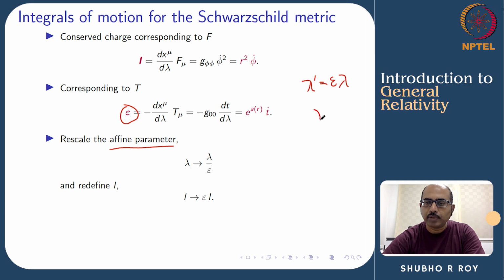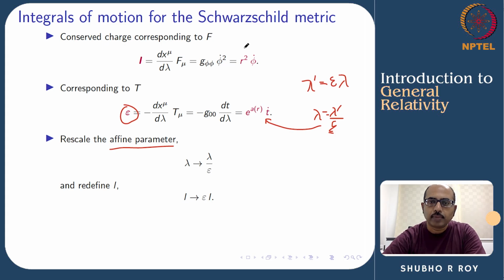So lambda can be written as lambda prime over epsilon. And then if I substitute this in this equation, we will see that this epsilon will cancel from both sides and give you 1. Alright?